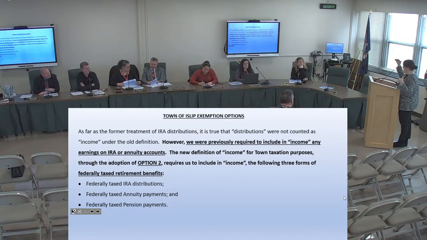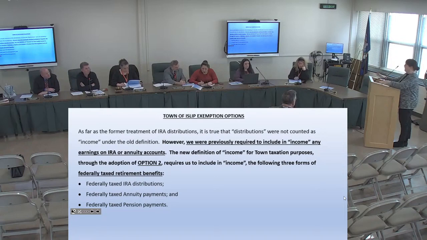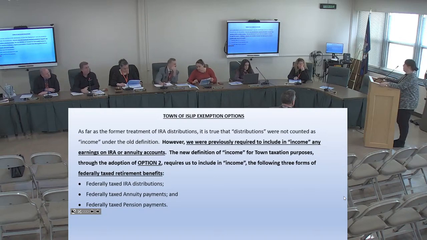We went from the previous maximum of 29,000, where if you had 29 or under you would have a 50% exemption, up to 37,400. And when the opportunity came, the town of Islip and the county both increased their maximum eligibility limits up to the full 58,400. From that increase, we saw, at least in the town of Islip, an increase in applicants of 38%.